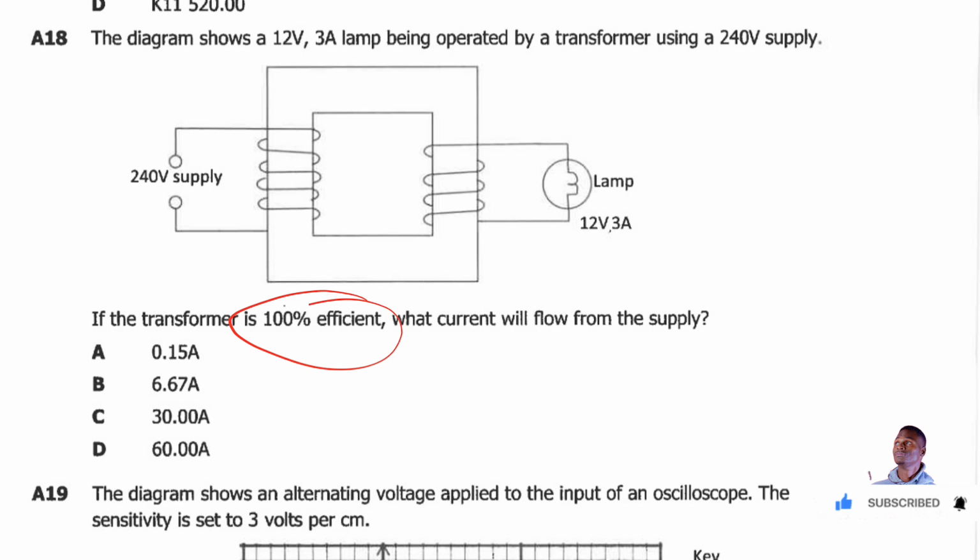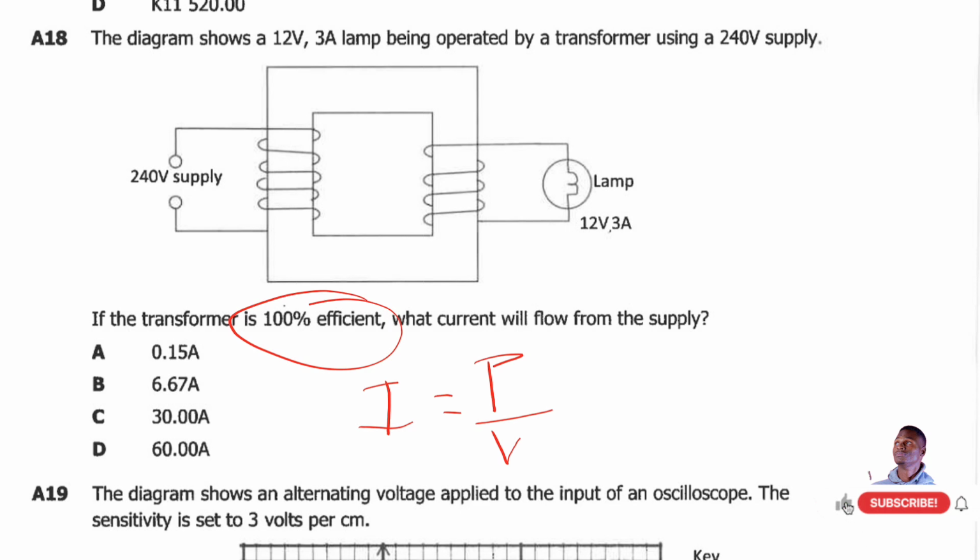So we are being asked to calculate what? Current. And current is equal to power over voltage.